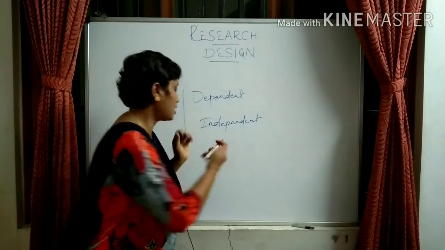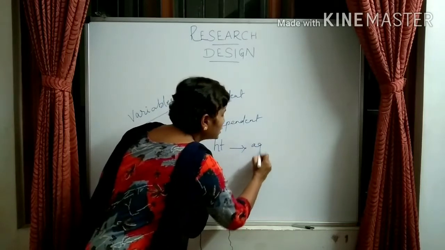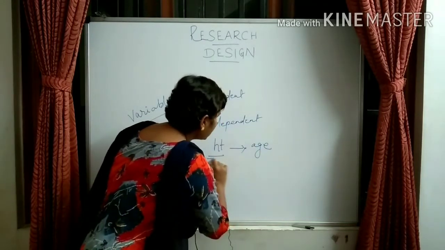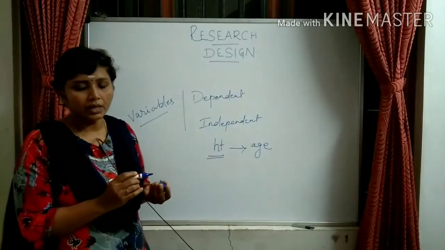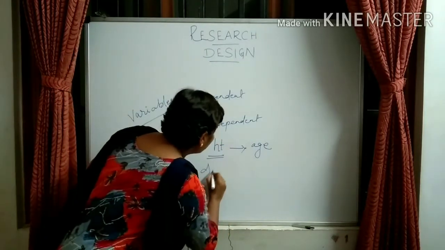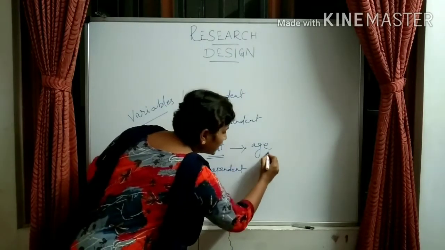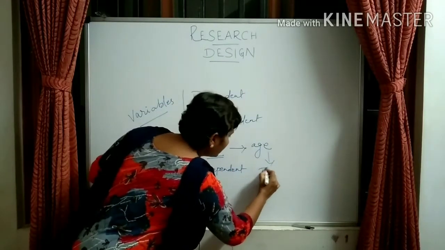For example, height depends upon age. Height is related to age. Here height is the dependent variable and age is the independent variable.